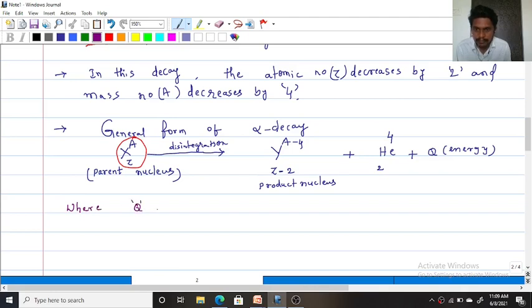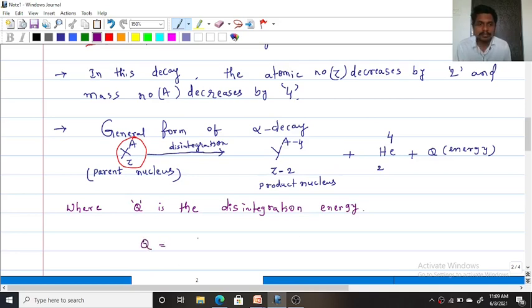Q is the disintegration energy, and it can be calculated using this formula.